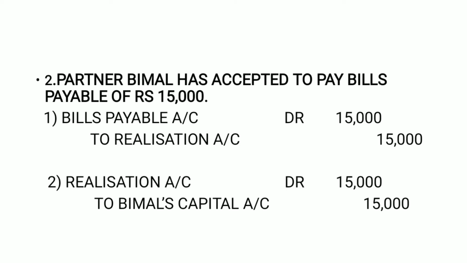The journal entry for closing a liabilities account is liabilities account debit to realization account. And which is the liability here? Bills payable. So bills payable account debit 15,000 to realization account.